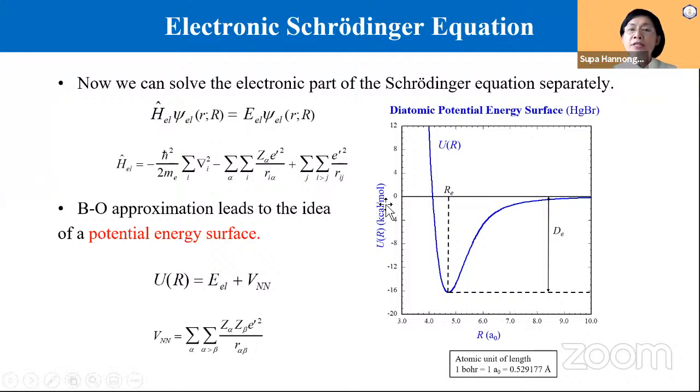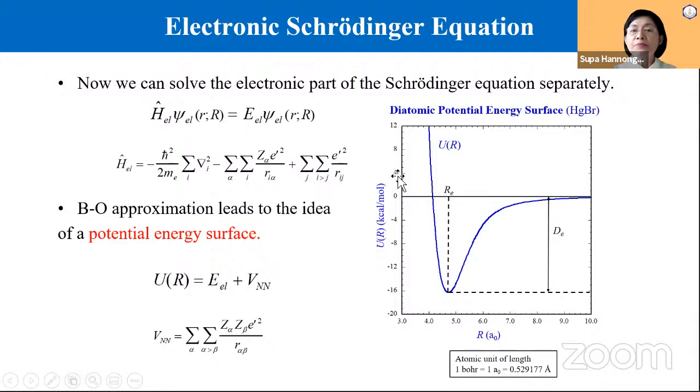We can consider an example of two nuclei, mercury and bromine, mercury bromide. These are the two atoms, the diatomic interaction. So we can consider the potential energy surface of these two nuclei.